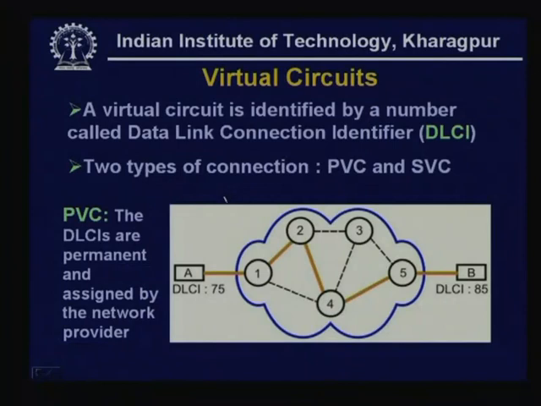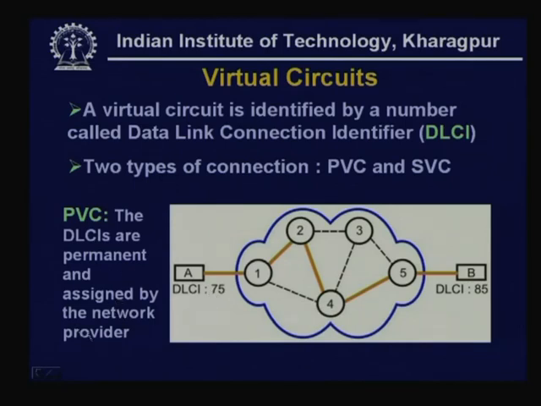And in frame relay also, the virtual circuit is identified by a number called data link connection identifier. So here also it is based on virtual circuit creation, and again there are two types of virtual circuits. As you can see, in the permanent virtual circuit, the DLCIs, the data link connection identifiers, are permanent and assigned by the network provider.